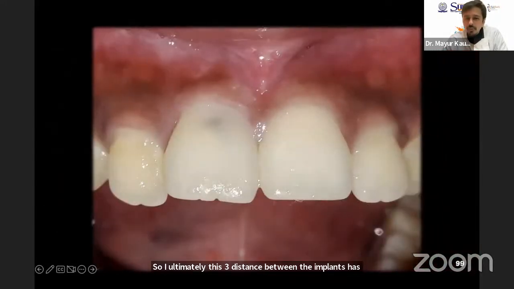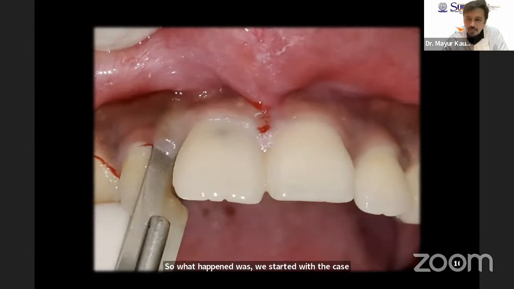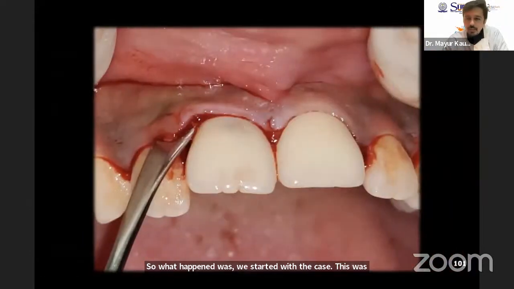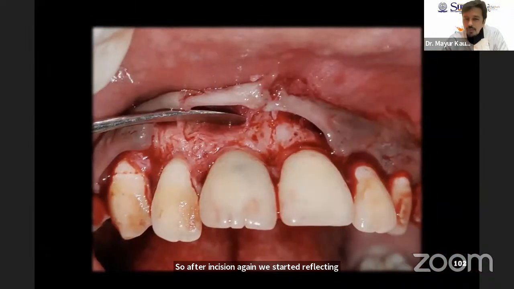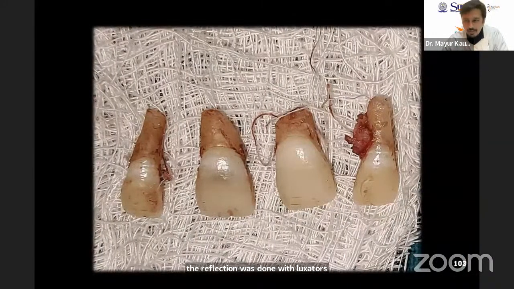So we started with the case, this was the incision part. After incision, we started reflecting. Once the reflection was done, with luxators, I ended up extracting the teeth. Can you see the amount of root resorption?